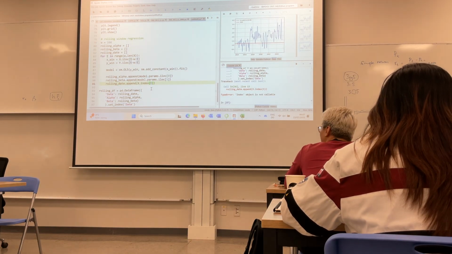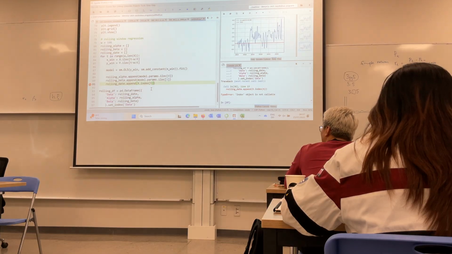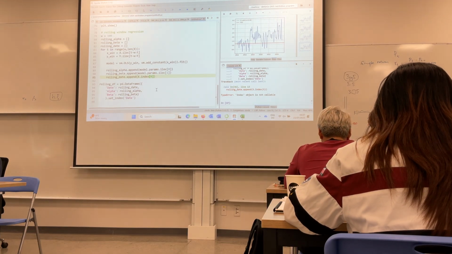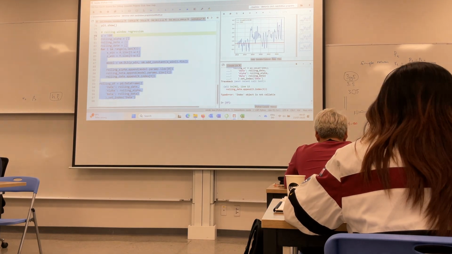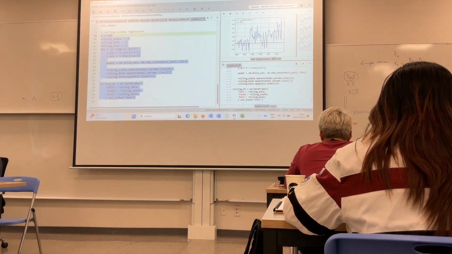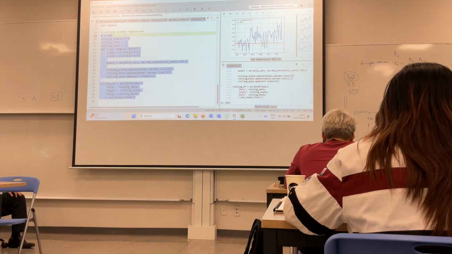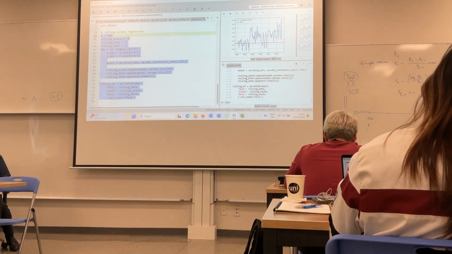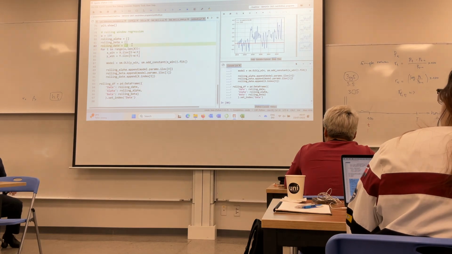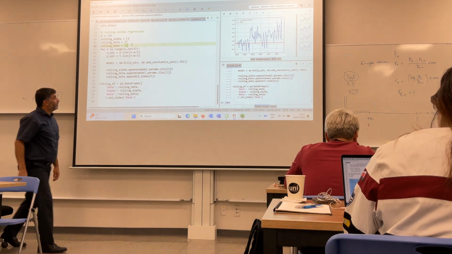Set index, so it's not a function. It is column index. Okay. So that becomes a rolling alpha beta.